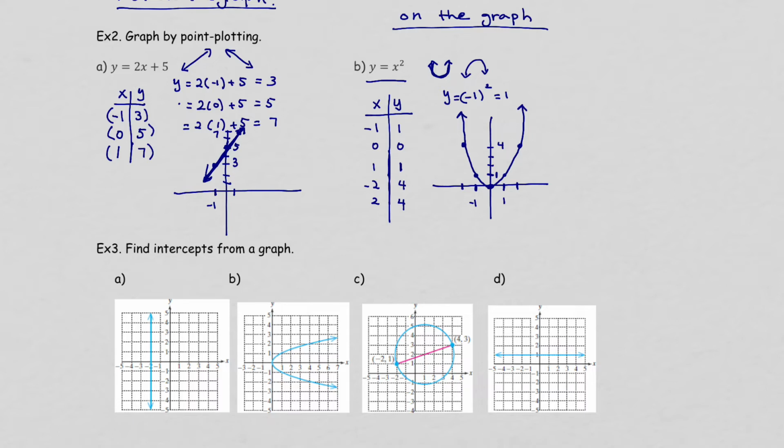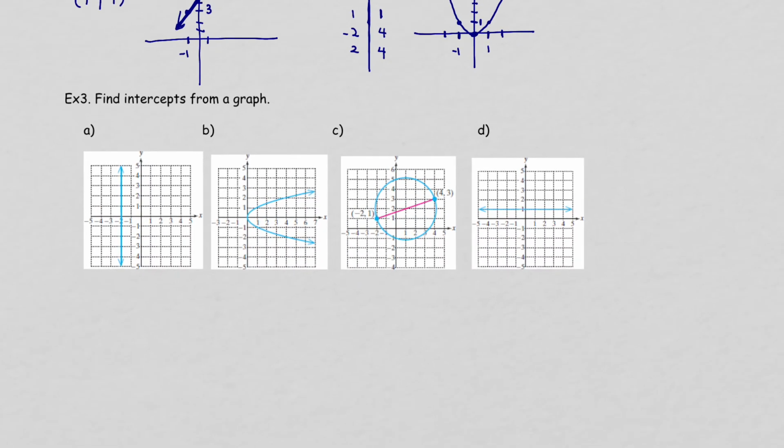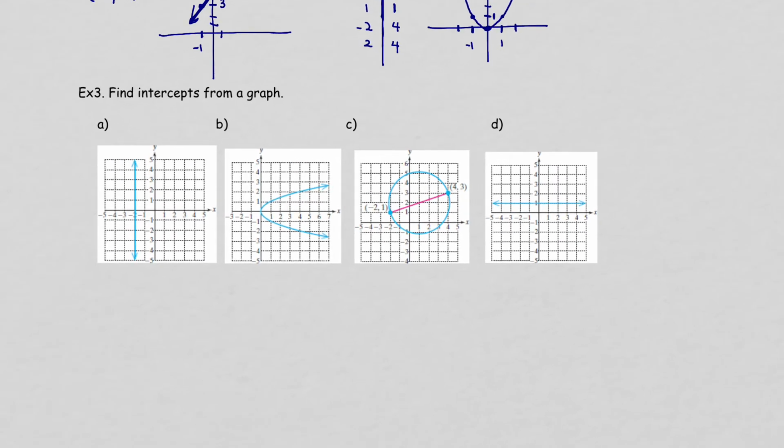Example 3 is asking you to find the intercept. Remember, we said we're going to go over intercepts, right? So this one, find the intercept of the graph. The graph is blue. This one looks like your x-intercept is going to be -2.